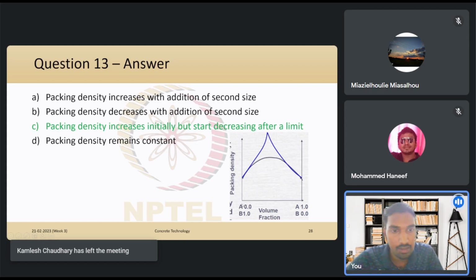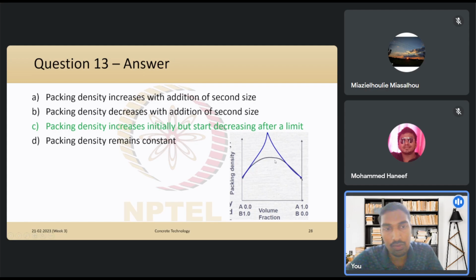So it could be either A in B or B in A. In both cases it will initially increase, reach a maximum packing density at some optimum volume fraction, and then it will start decreasing. When you come from the other way also, it is going to be the same. So either when you have one size A, you add some proportion of B into it, at some point it will be higher, and then when you add more B, it is going to decrease.